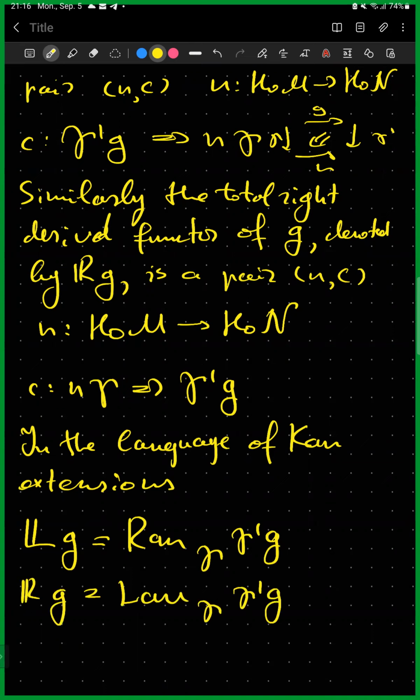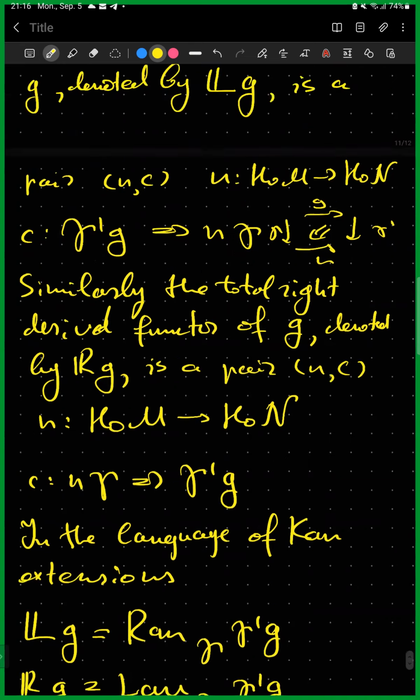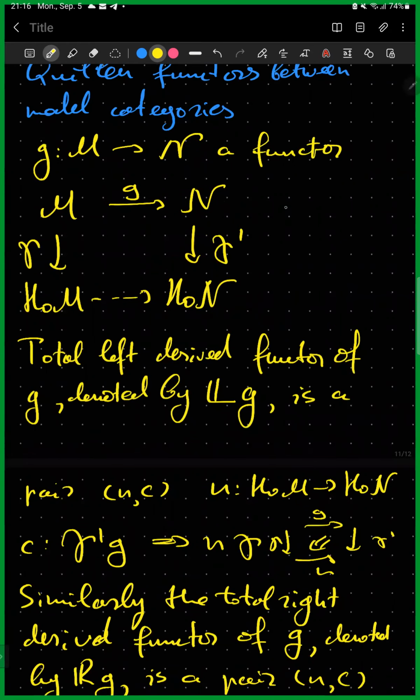Okay, so this passage did not require M and N to be actually model categories. We just needed some notion of weak equivalences, and then we have a homotopy category, which is just the localization.